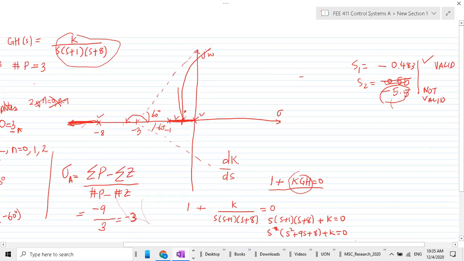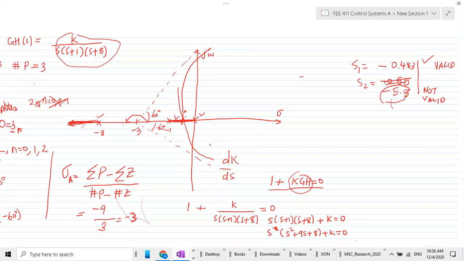Yes. Is it possible to get two breakaway points for two poles? Hello. Yes. Is it possible to get two breakaway points for certain poles?